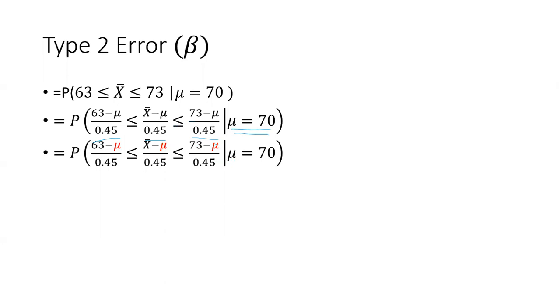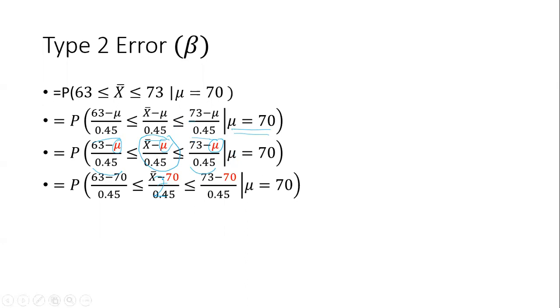So instead of mu, I will just plug in 70 and get scalars here. What is this? This is simply z.